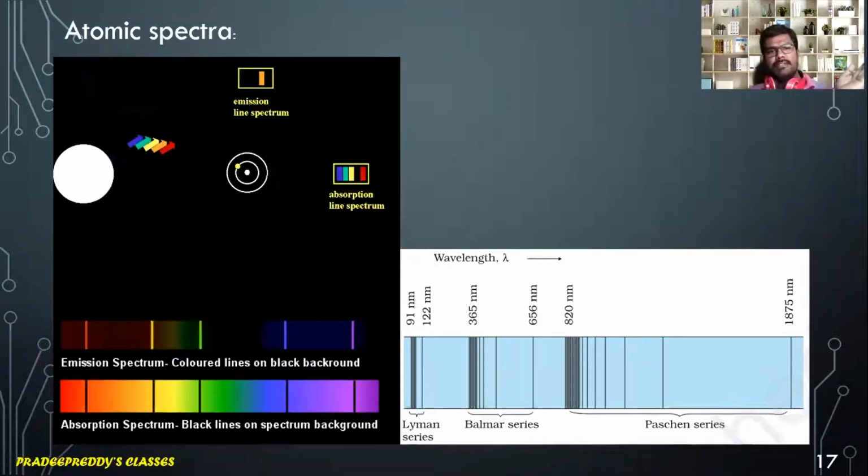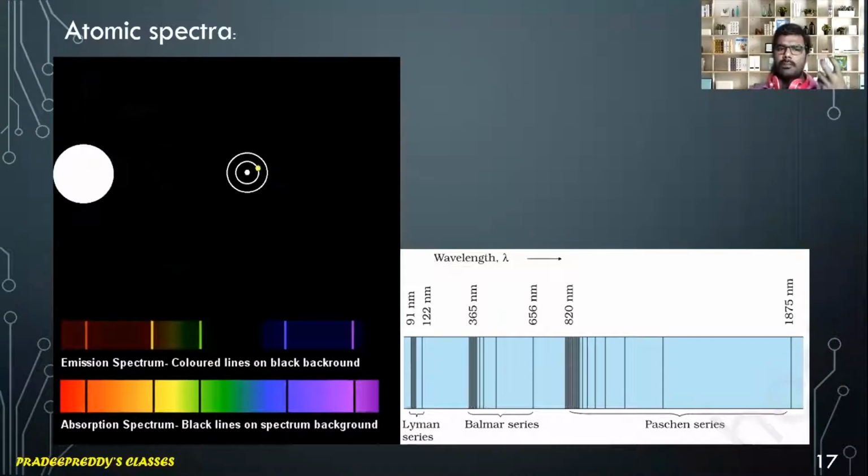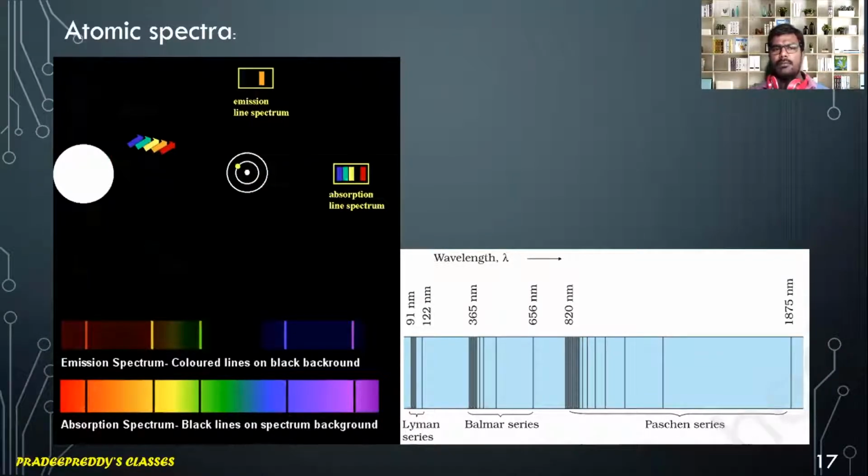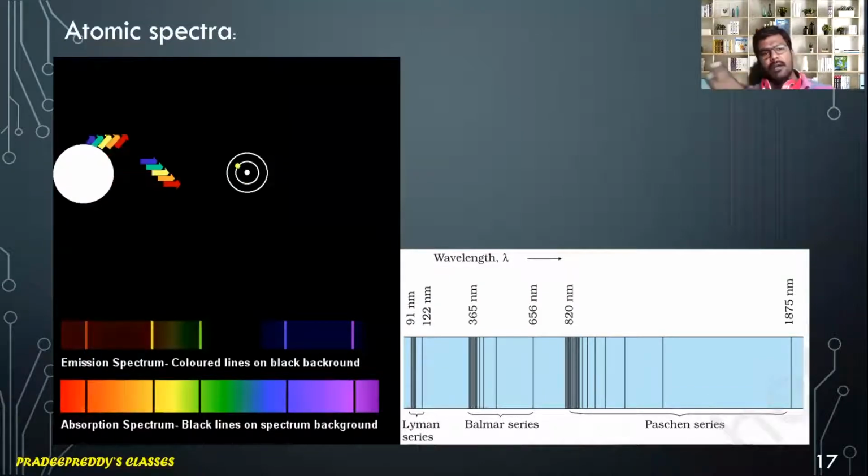And that light is absorbed by an atom which is placed beside it. You can see an electron revolving around the nucleus, and those 5 different colors pass through that atom, out of which one light is absorbed by the atom, and the remaining 4 colors pass out from the atom. You can check it: 5 different colors are going in, only 4 are coming out.